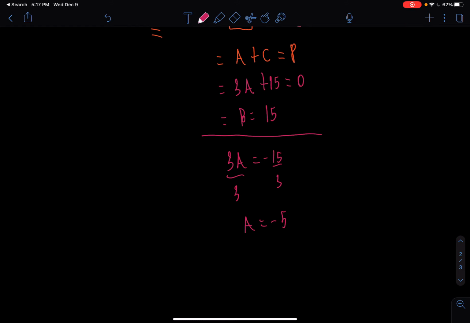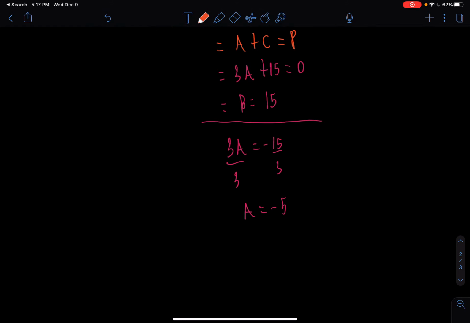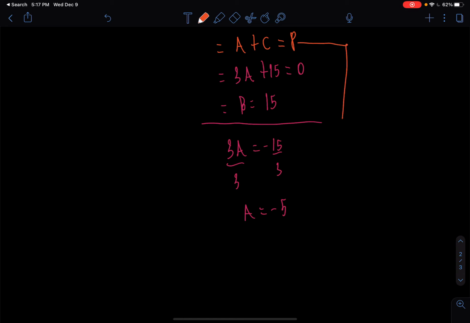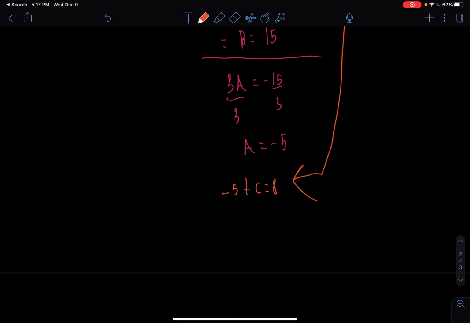So then we go over here to the top equation, and now we can solve this because we know A. So now we have negative 5 plus C is equal to 8. So now we do plus 5. So plus 5, C is equal to 13.